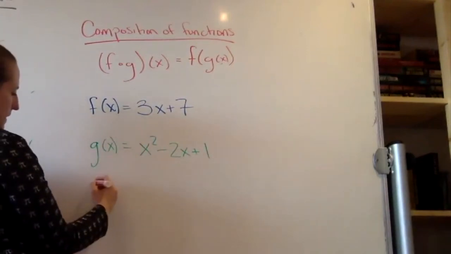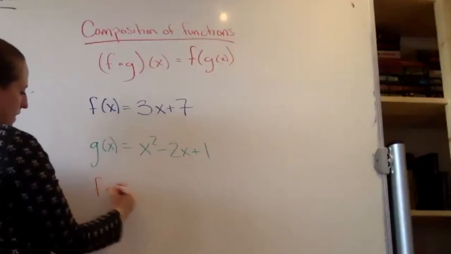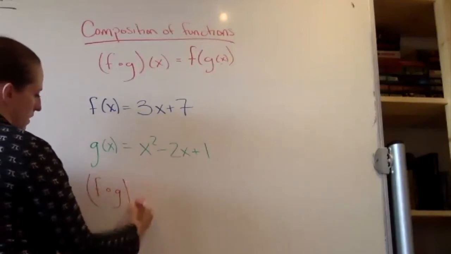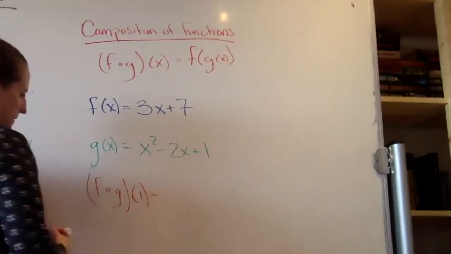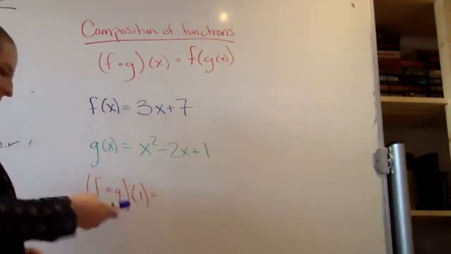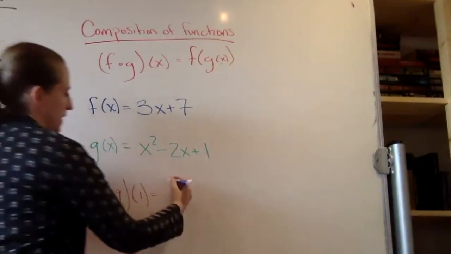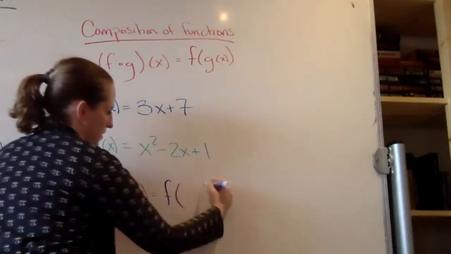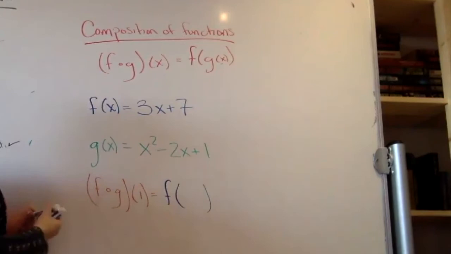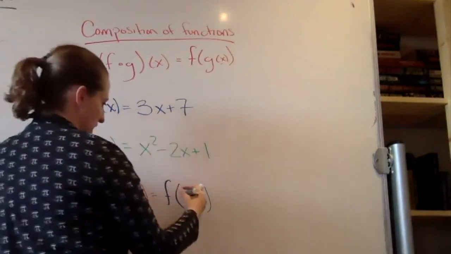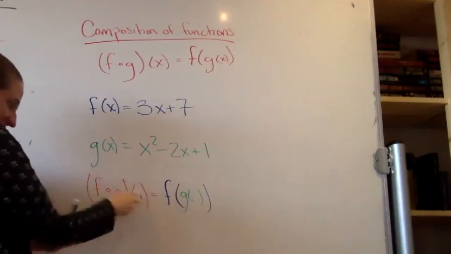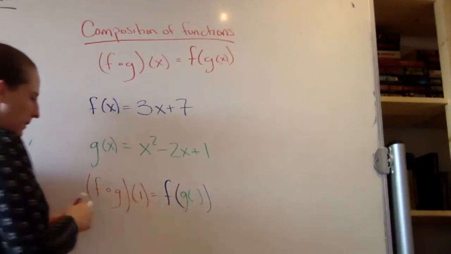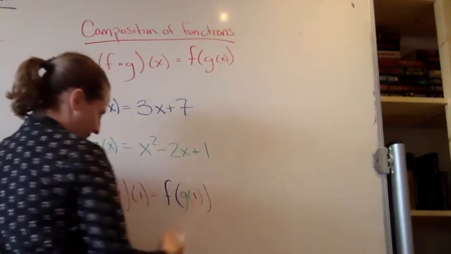What happens if I want to do f composed with g of 1? Well, this means f is my outside function. Into f, I'm plugging in my function g. And into g, I'm not plugging in x, because this isn't an x. Into g, I'm plugging in the number 1.